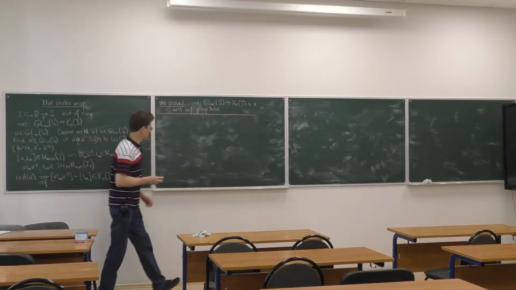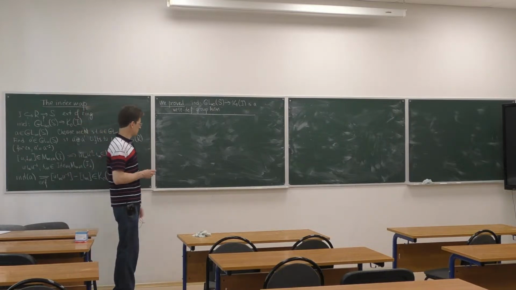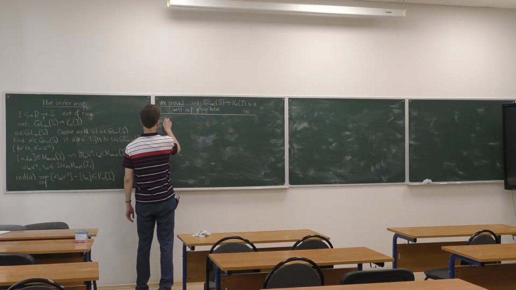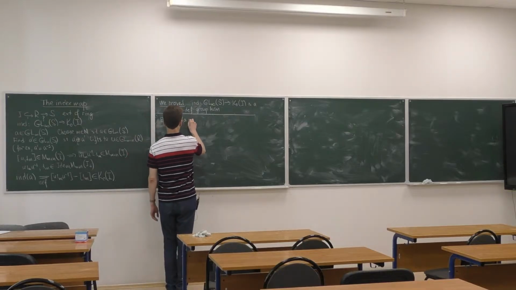Let's now look at a concrete example of the index map, which in particular explains why the index map is so called. This example reveals a relation to the Fredholm index.